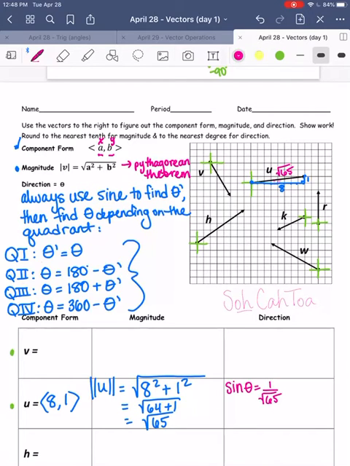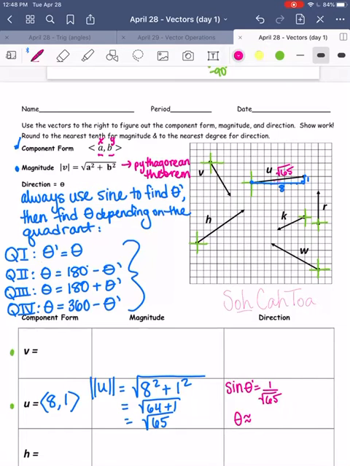And now we're going to type that in. If we're finding an angle, we have to type in second sine, or if you use Desmos, remember how to do that. 1 divided by square root of 65, and then you just have 2 parentheses to close. You get theta prime is approximately, what does it say? It says round to the nearest tenth for magnitude.